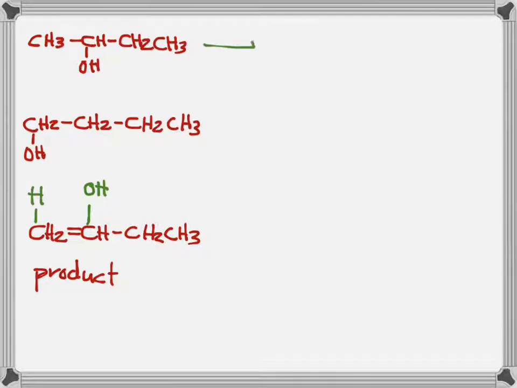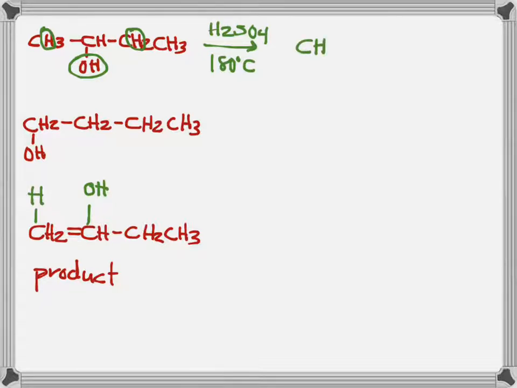So if we take this with sulfuric acid and 180 degrees and do this dehydration, we're going to remove the hydroxyl group and a hydrogen on a neighboring carbon. Well, it could be this one or it could be that one. So let's write both of those products.